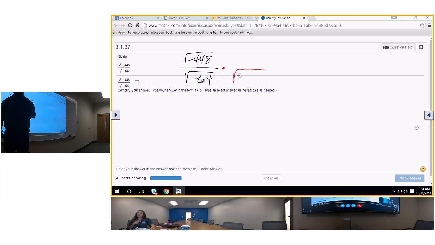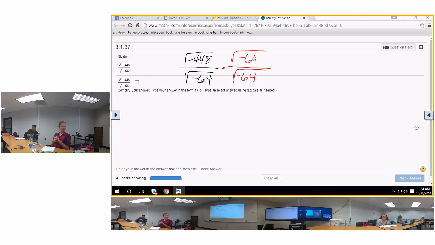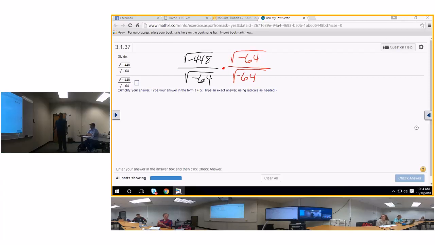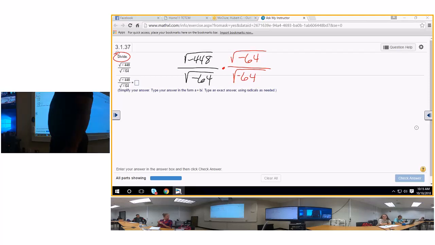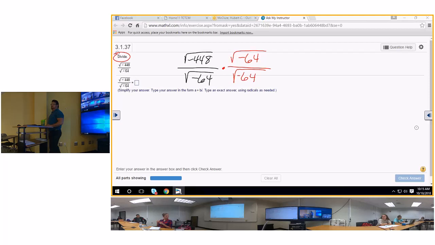Here I have a question. Yes, ma'am. So that's an even square root. 8 times 8 is 64, so why couldn't you just put 8i on the bottom? Well, that's not what... What does the directions say? They're wanting you to divide. They do not want you to put it in terms of i, because what's going to happen is you're just going to get a number in the denominator.